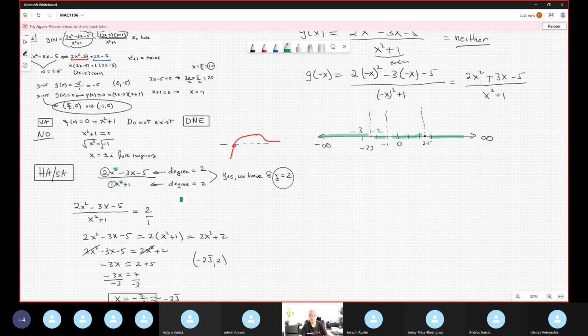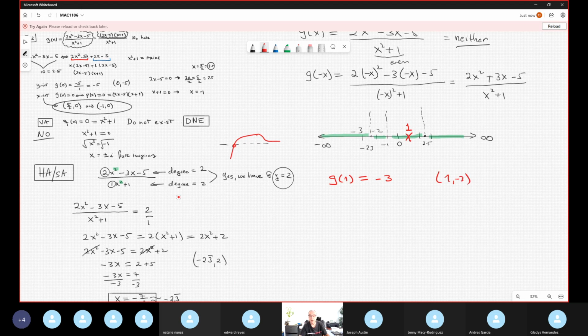I pick 1 and evaluate g at 1. Guys, it's just plugging in. This is the arithmetic part. The answer is minus 3. I skip the arithmetic part because it's trivial. And the point is 1, negative 3.